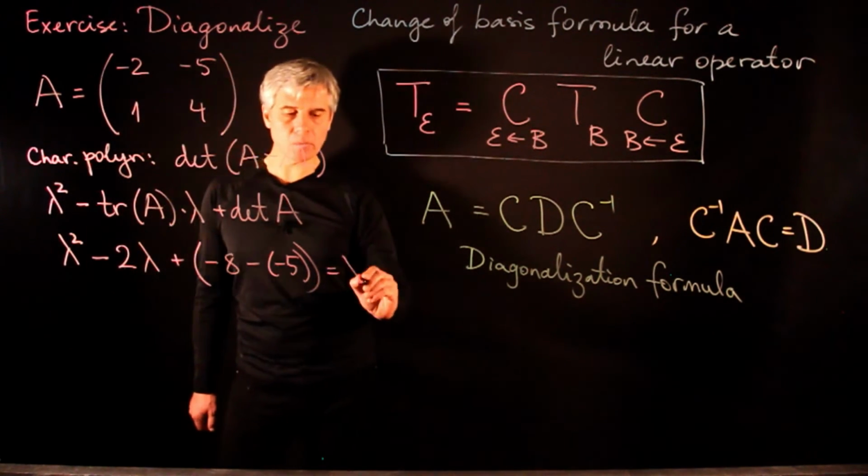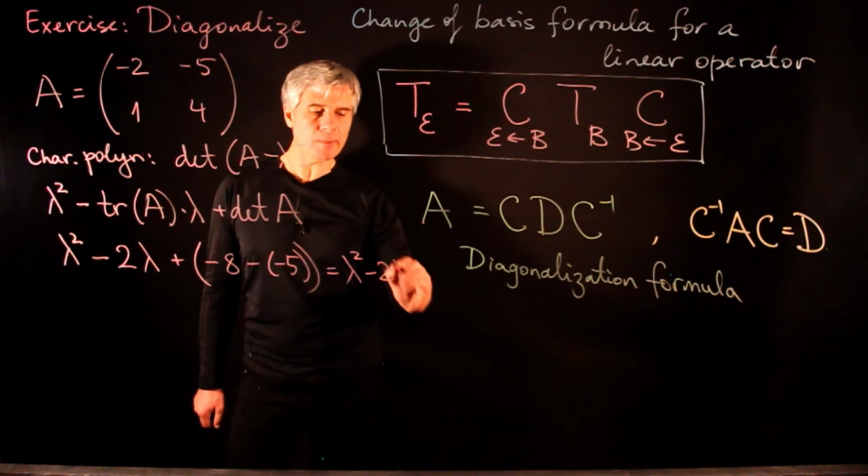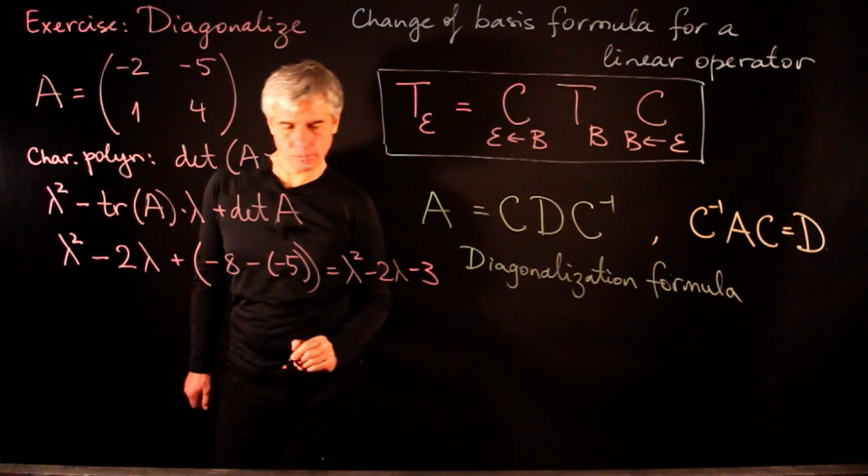So we get lambda squared minus 2 lambda minus 3.